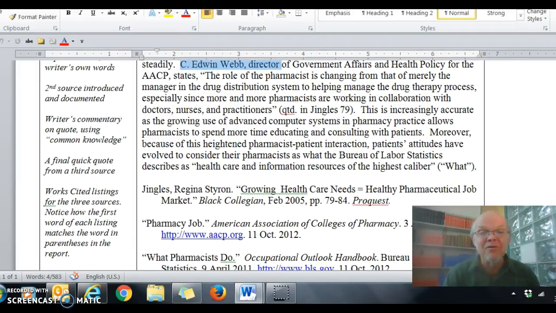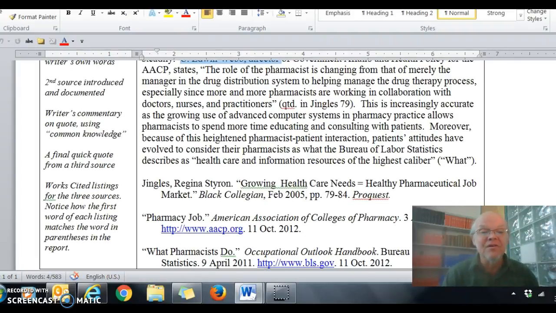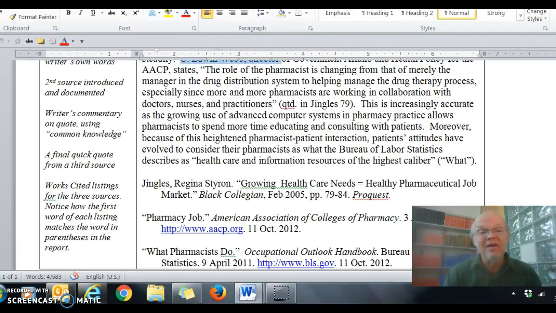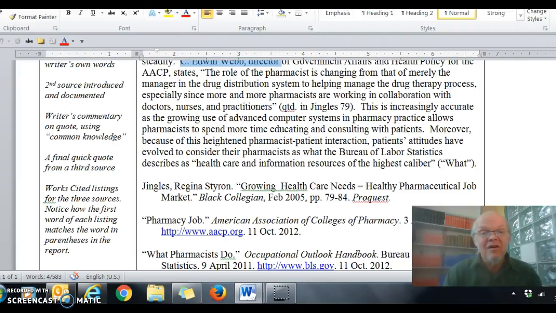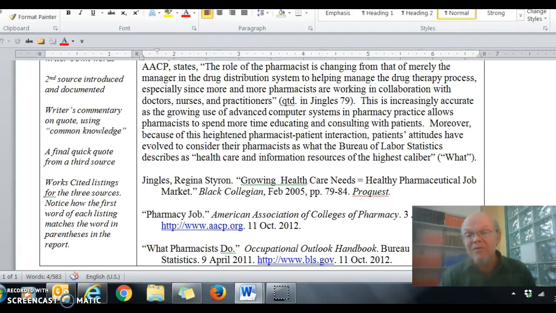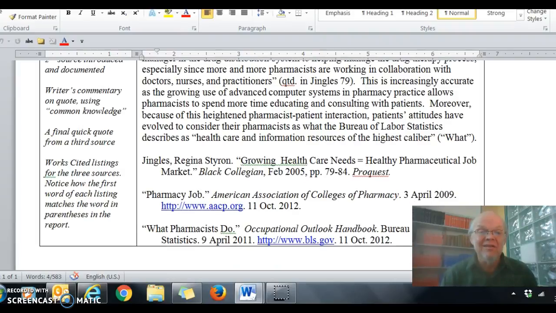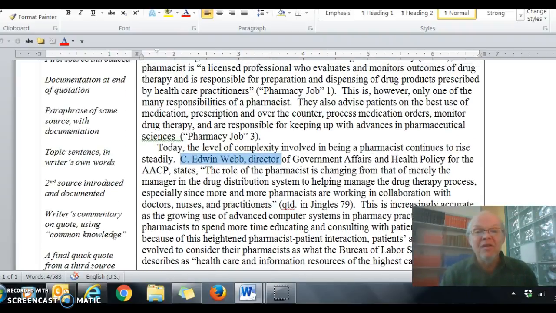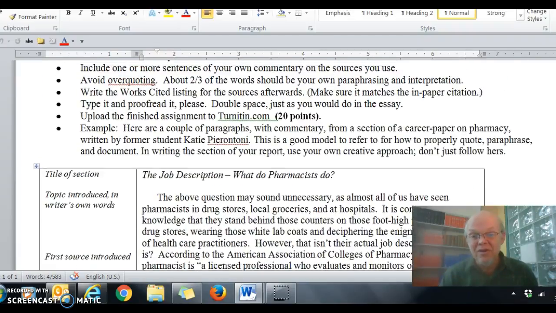So Katie, the writer, responding to the source, making another final quick reference to a third source. It's the multitude, it's the gathering of sources and the weaving together of these sources that makes you the one in charge of your report, the author in the truest sense of the word. The assignment ends with the works cited listings for the sources that are used here.